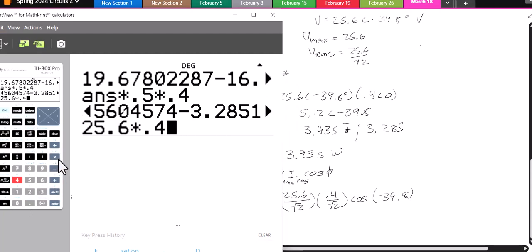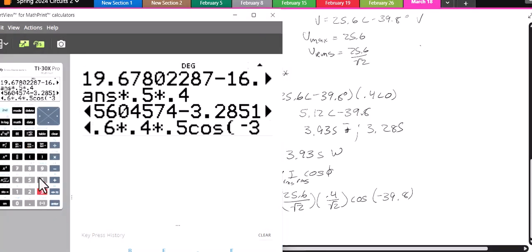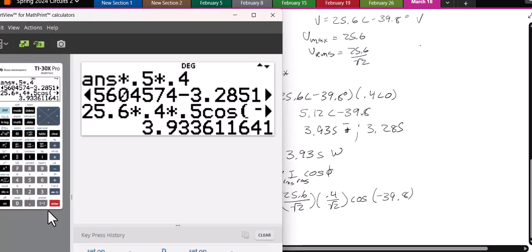So divided by the square root of 2, and then another divided by the square root of 2 is the same as dividing by 2, which is the same as multiplying by 0.5. And you see I get the same thing.